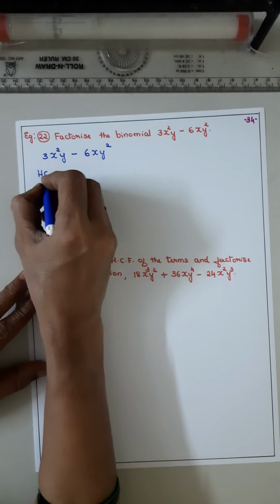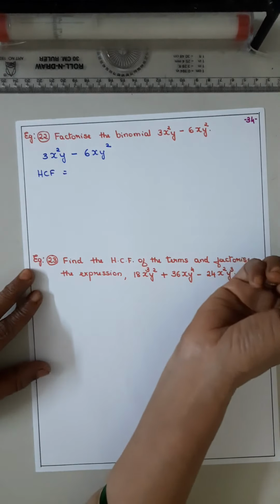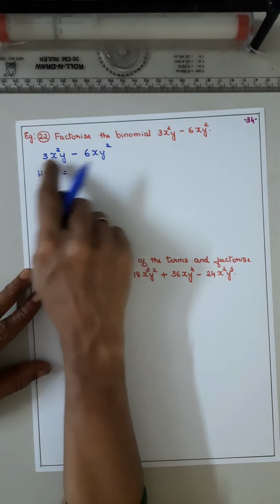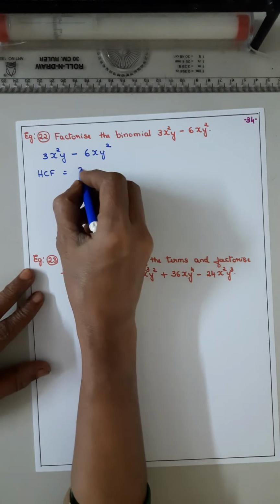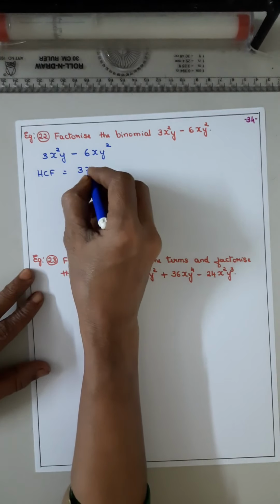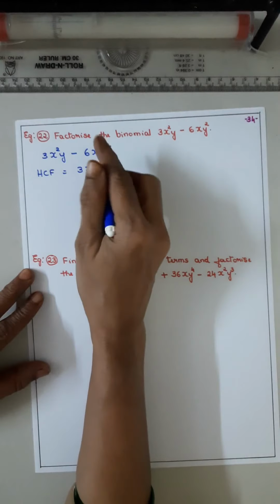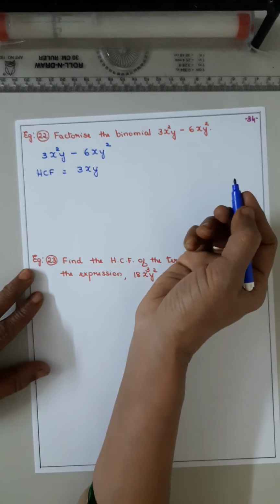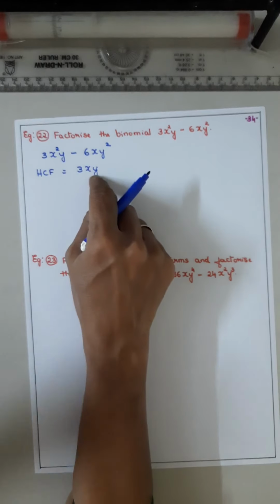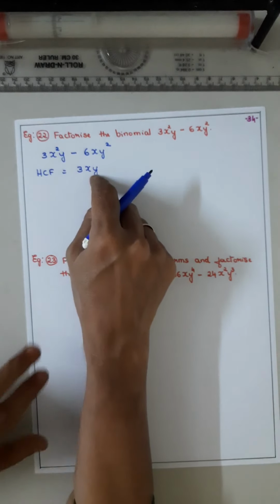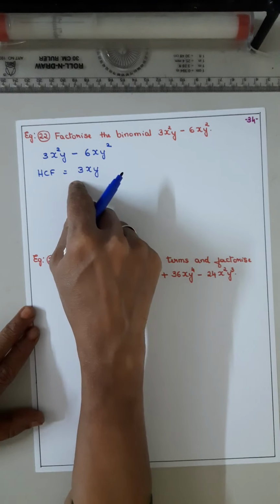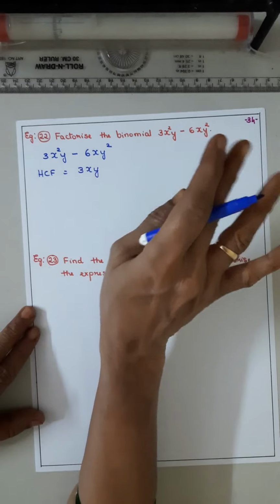In this HCF we will do it directly. What is common in 3 and 6? HCF is 3. In x squared and x, x; in y and y squared, y. It should be common for both. Then it is the HCF, isn't it? So the highest number with which it can be divided. So it should be common for both.